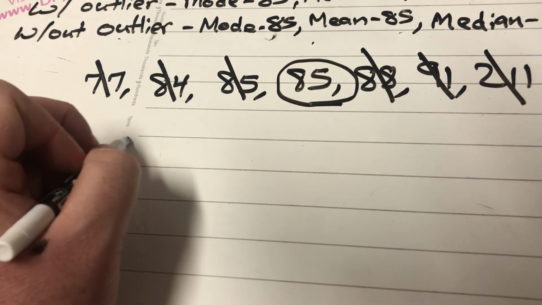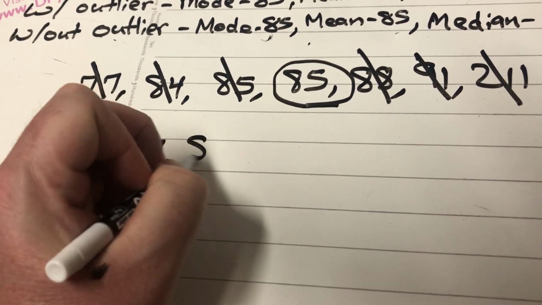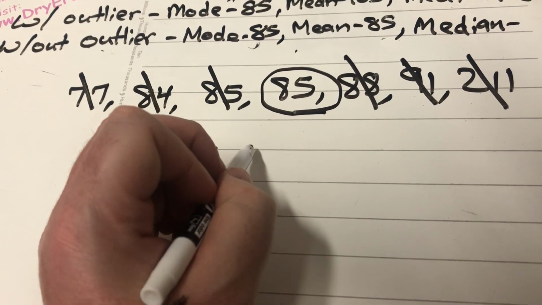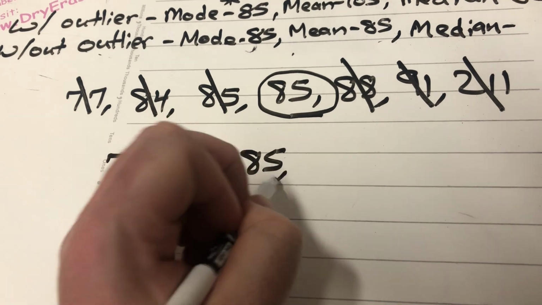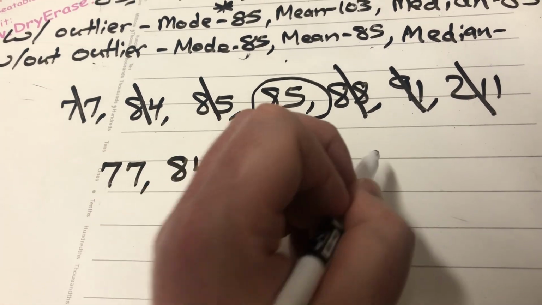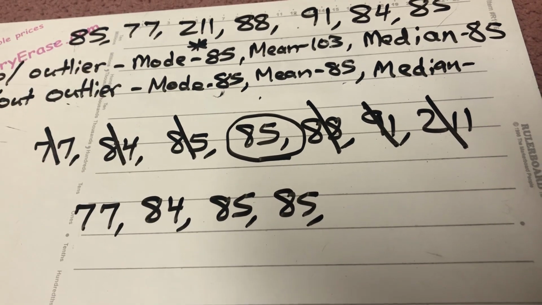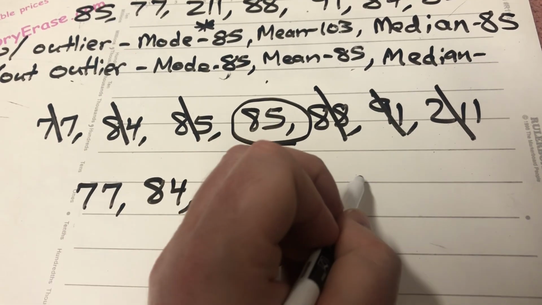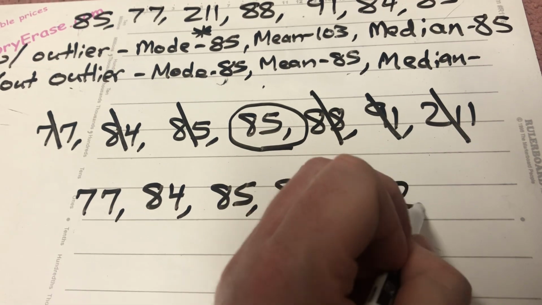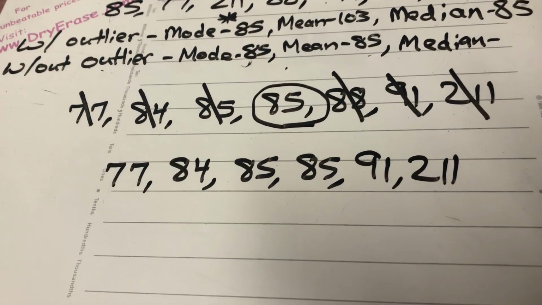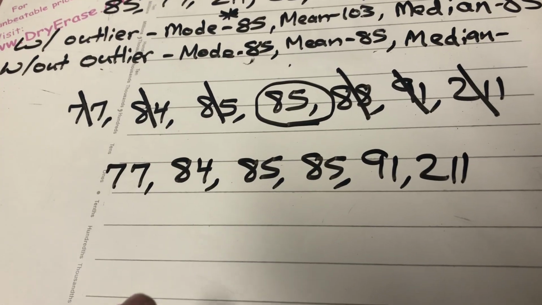Now, without the outlier, I'm going to take out the 211. So I'm going to rewrite my list. I can keep it in the same order because it has to be least to greatest for median. 85, 85. Sorry about that. 91. Camera's acting a little funny. 211. Sorry.